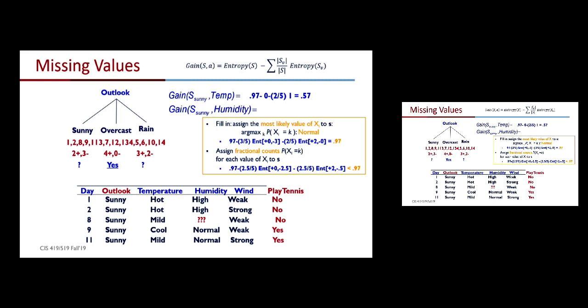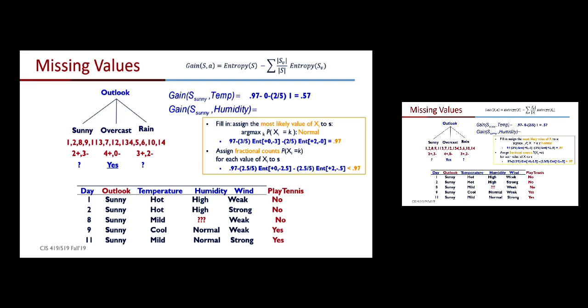Another is to do fractional. So one important thing to realize here, no one said that this entropy computation has to be done with integers, right? Could be done with fractions. The same formula, plug in fractional numbers, it doesn't care.